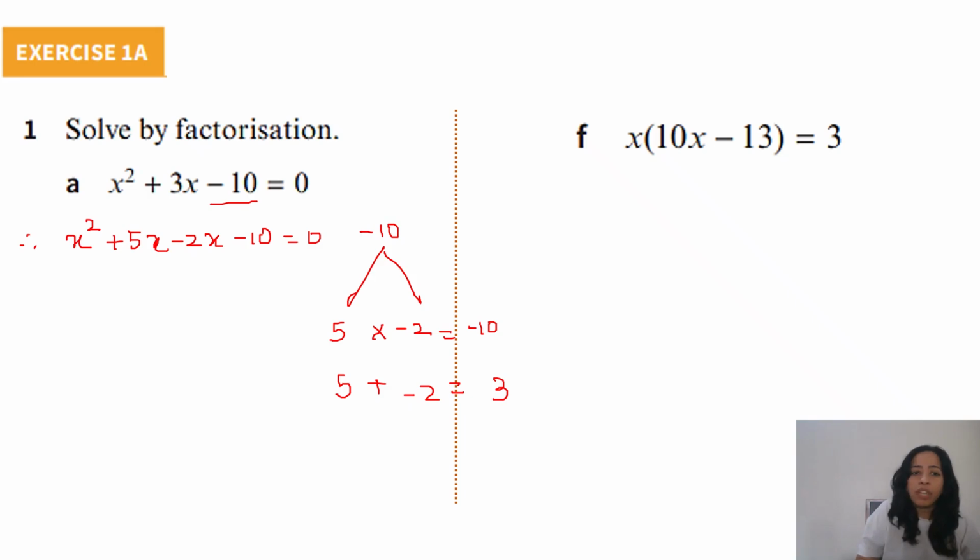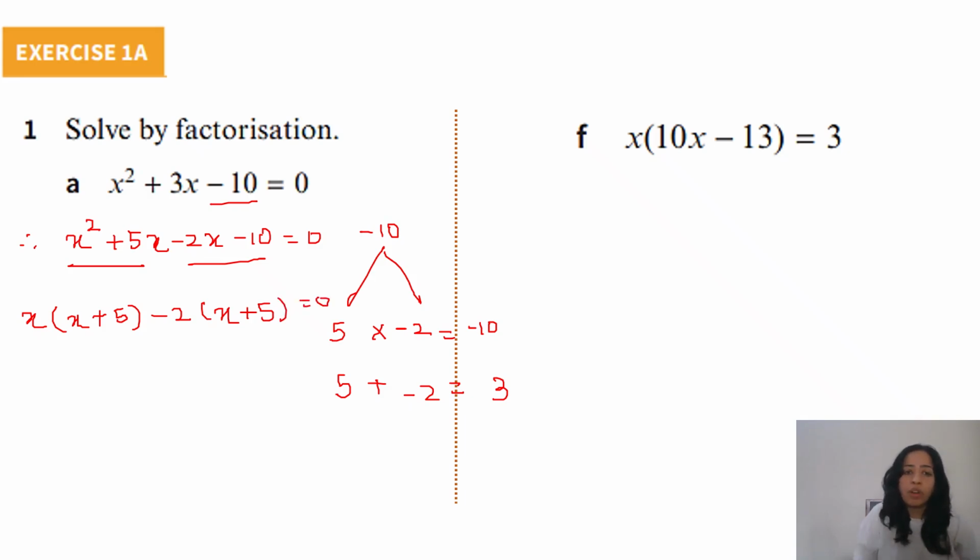Now you just have to take the common term from both the pairs one by one. So this is x(x + 5), and then minus 2(x + 5) equals 0. Now we need to make sure that the brackets have the same expression so that it can be taken out common: (x + 5)(x - 2) equals 0.